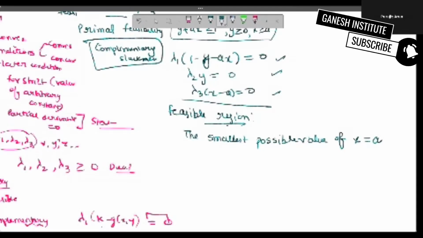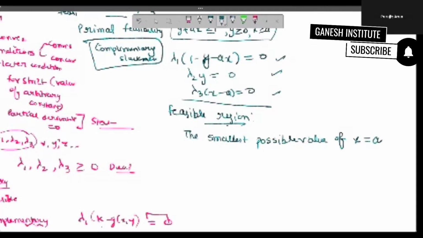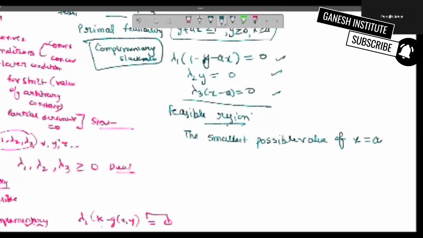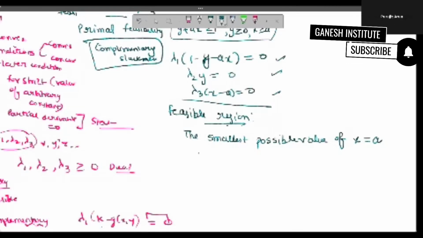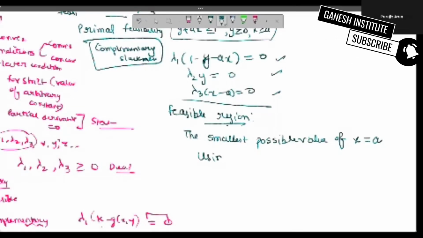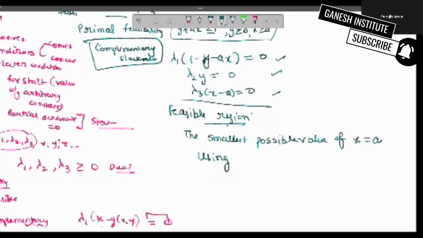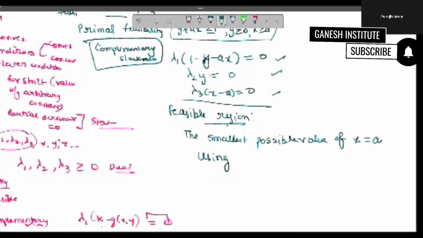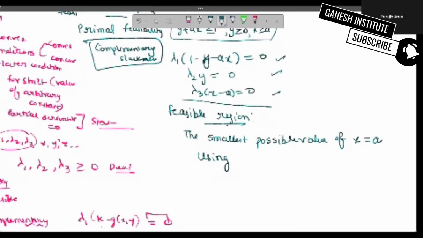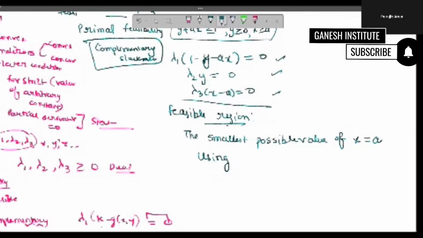We can do. Okay. Smallest possible value of X is A. Now, I need to focus on A only. So I'm finding out firstly what is X, what is Y, so that A can be easily found out.